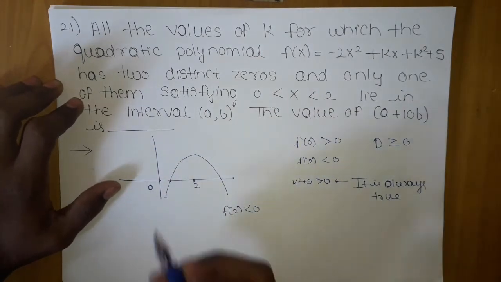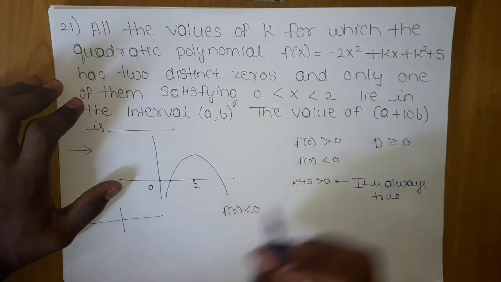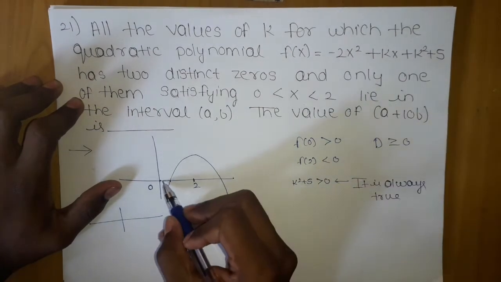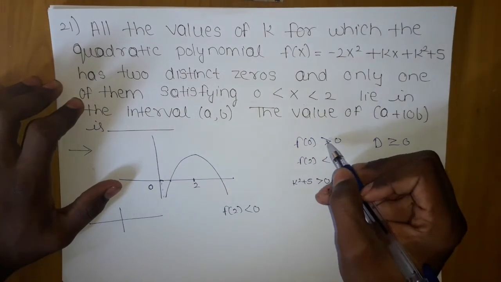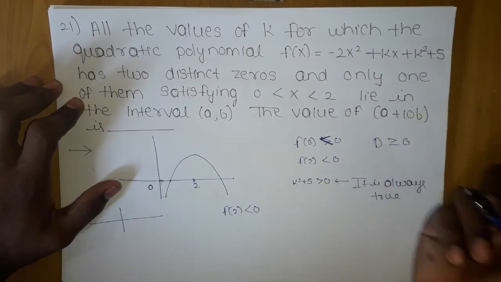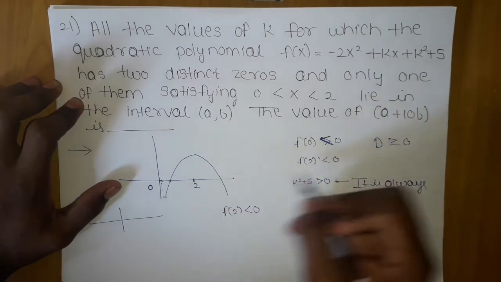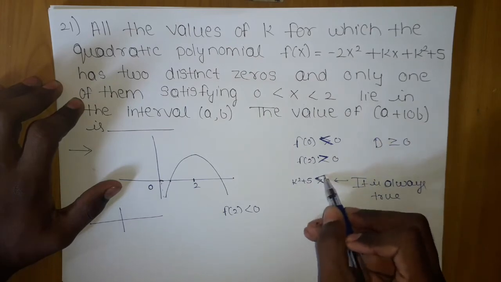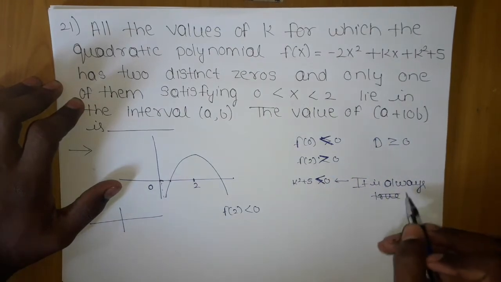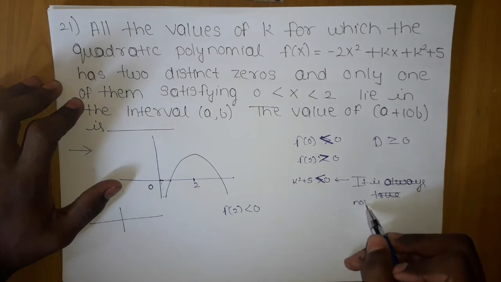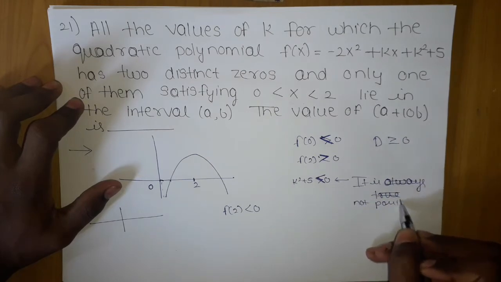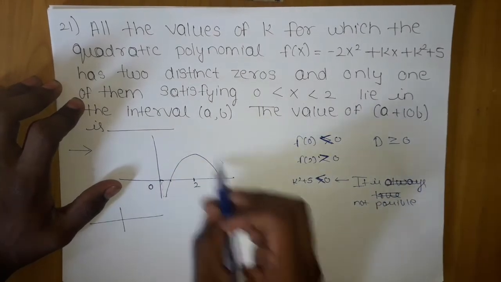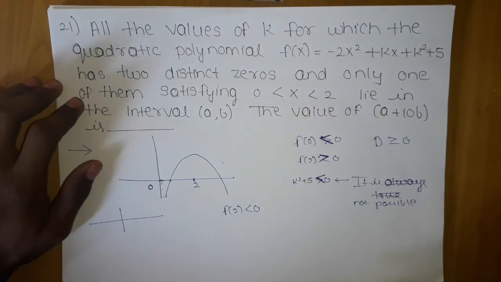So we can take it like this also, because if f of 0 is negative, we have to get positive, and if this is greater than 0 and this is positive, it is coming less than 0, which is not possible. So this graph is not possible.